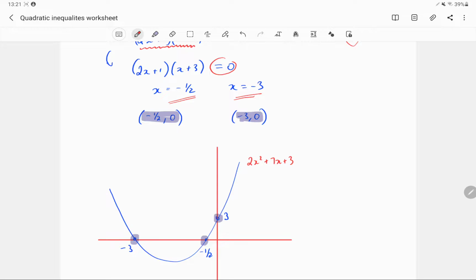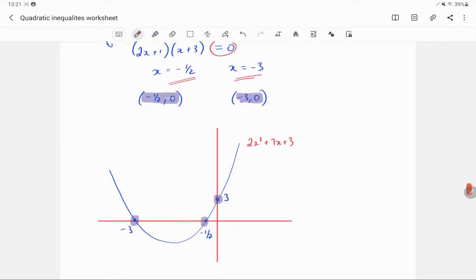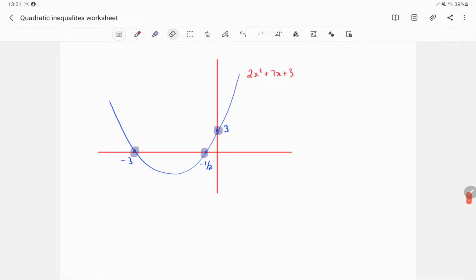The question is asking us, when is that curve greater than 0? Not greater than or equal to, but greater than 0. So what portion or portions of this curve are above the x-axis? And the answer is here and here.